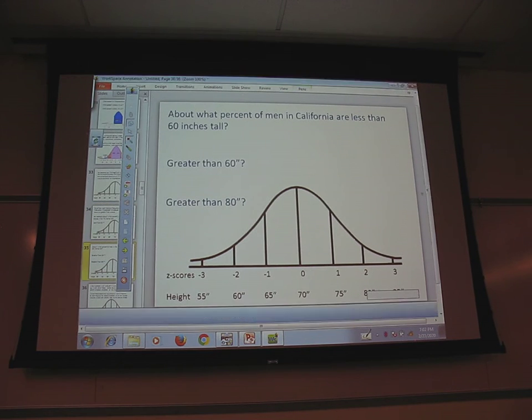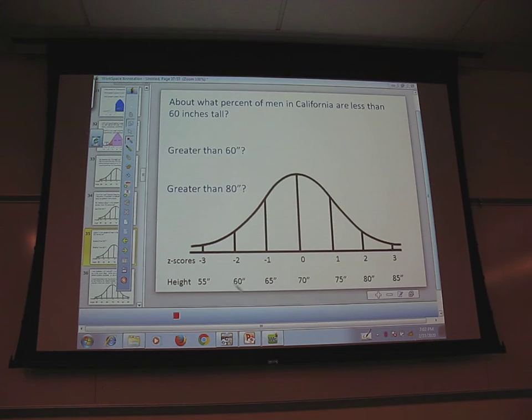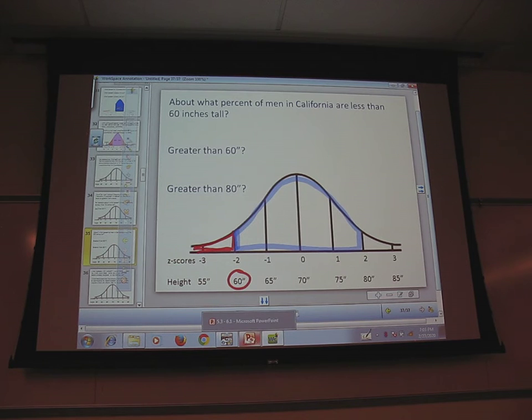About what percent are less than 60 inches tall? Here's 60 inches. Less than that. What percent is that one? So again, you might want to take a look at your thing here. Figure out what percent's on the inside here, guys. How many standard deviations is it? 2. So 95%.